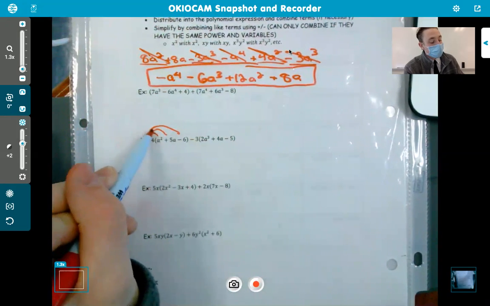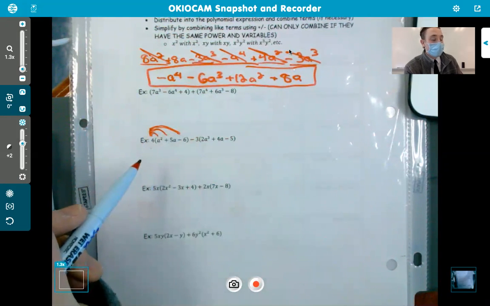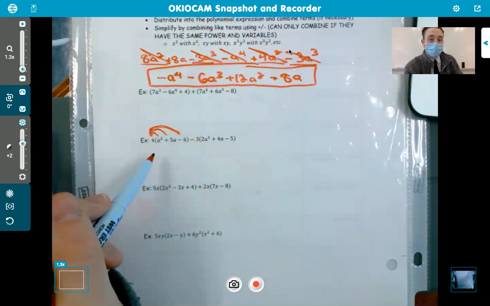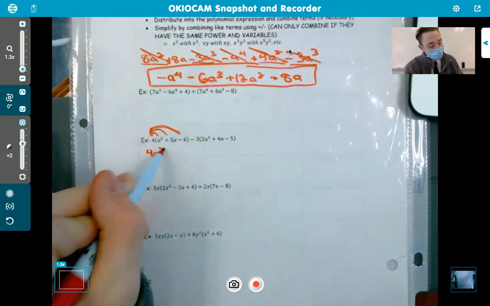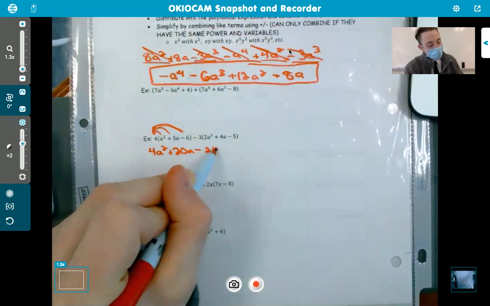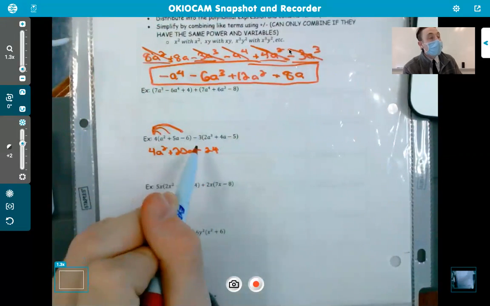If I just distribute the 4, what would the next line be? Four a squared plus 20a minus 24. Good. 4a squared plus 20a minus 24.